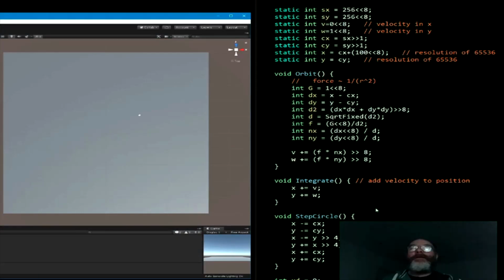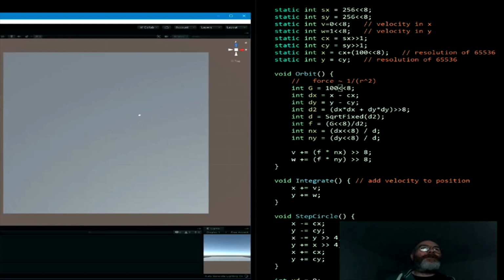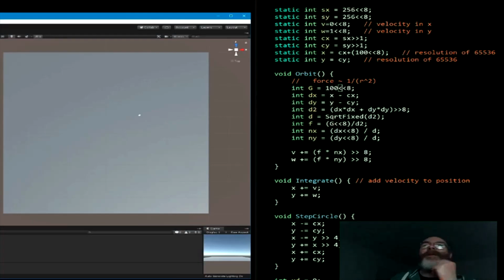And now comes the fun bit where we have to try and figure out why it doesn't work. I could print values out, I guess, but let's try it without that for a minute. One assumption is gravity is too small. So I'm going to go up by a factor of 100 and see if that changes anything.